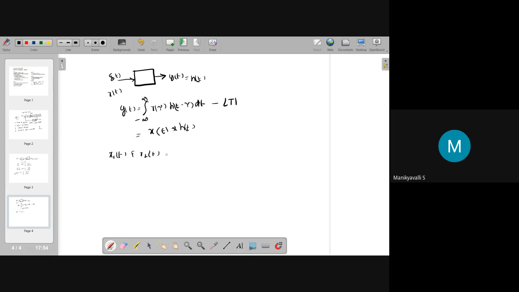Then the convolution of these two is defined as integral of x1 of tau into x2 of t minus tau d tau.